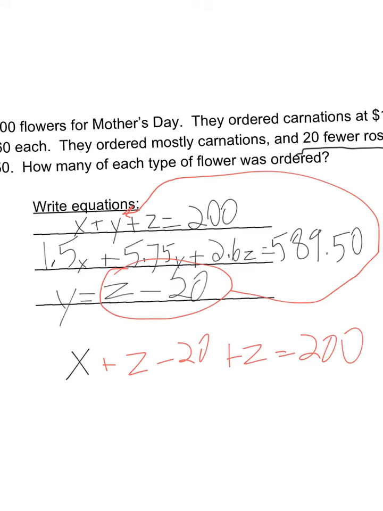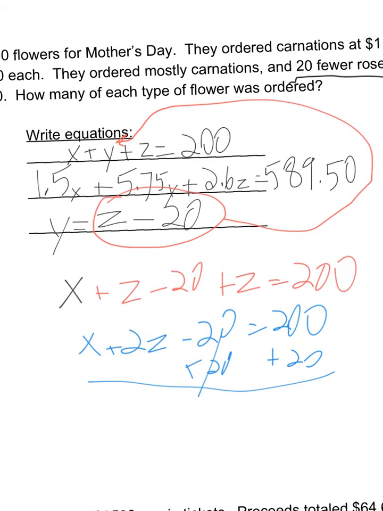So your z's do not cancel out because the minus is going with a 20, not with one of the z's. So you have z plus z. So it says x plus 2z minus 20 equals 200. And of course you can add that 20 to the other side to get 220.